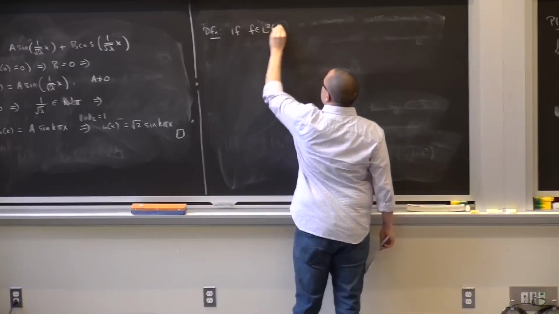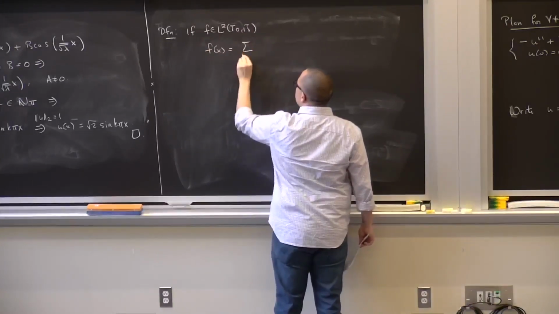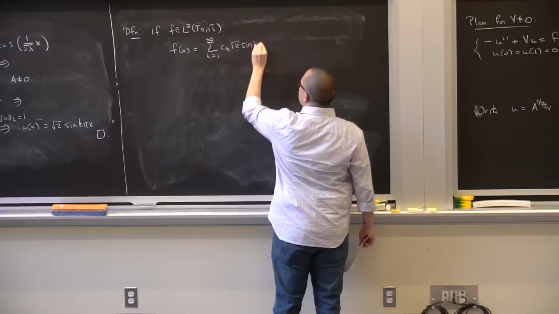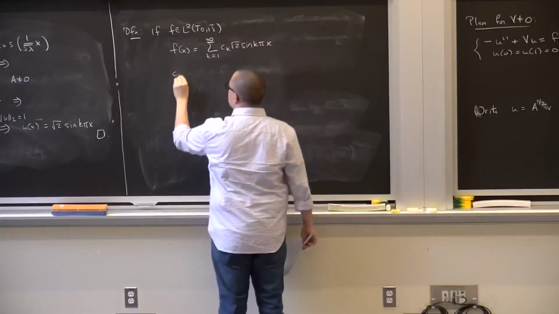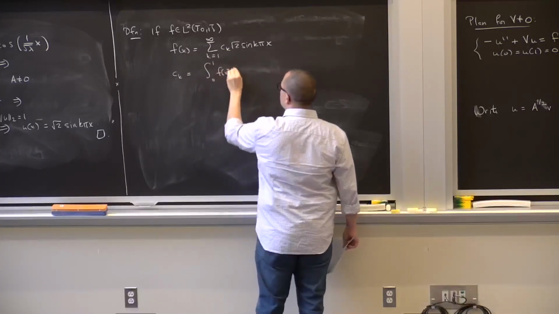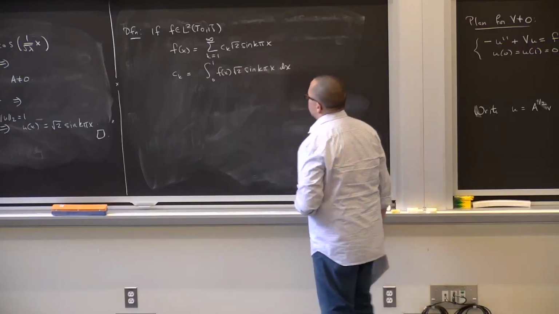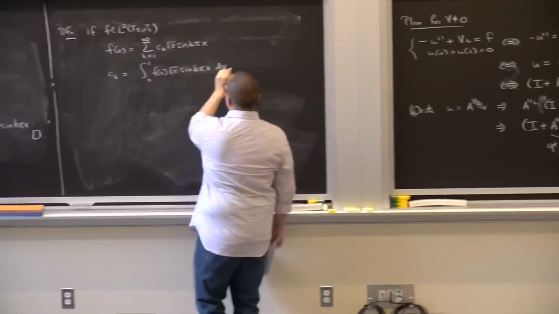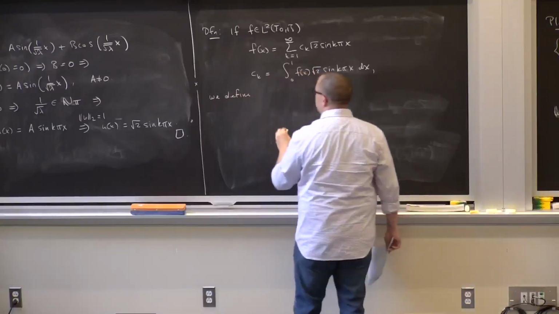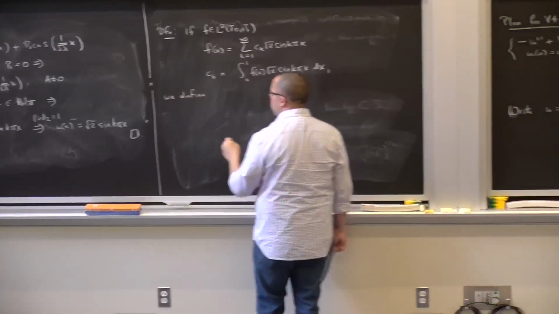So if f is in L2 of 0, 1, with f given by this Fourier expansion, with c_k given by the integral from 0 to 1 of f of x times square root of 2 sine k pi x dx, we define an operator which we call A to the 1/2, although I'm not saying that its square is A just yet.